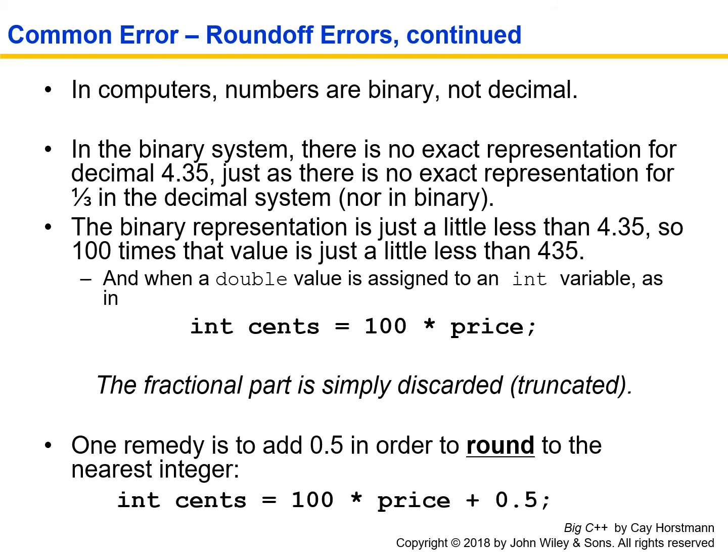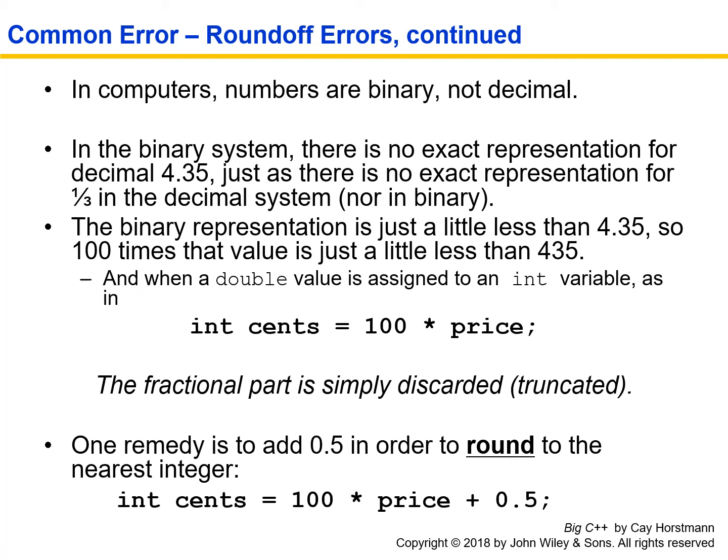Now, the reason for this is that computers store numbers as binary. So 4.35 is not stored as 435 times 10 to the negative 2. It's stored as some binary approximation of that.